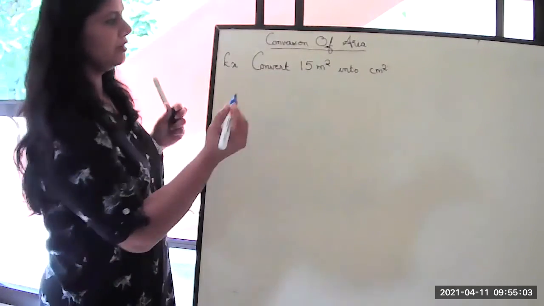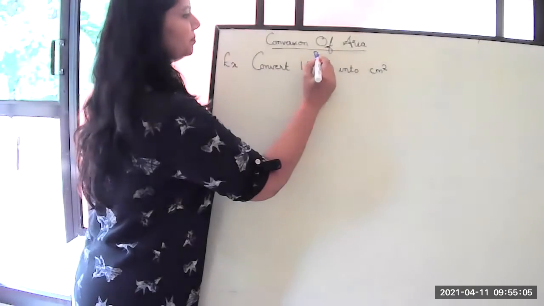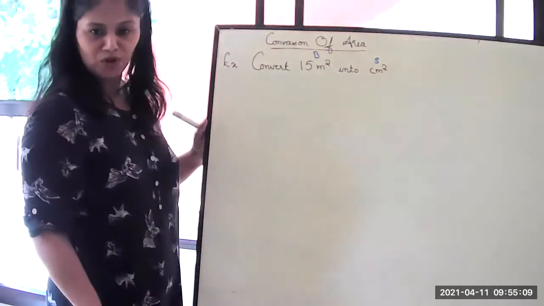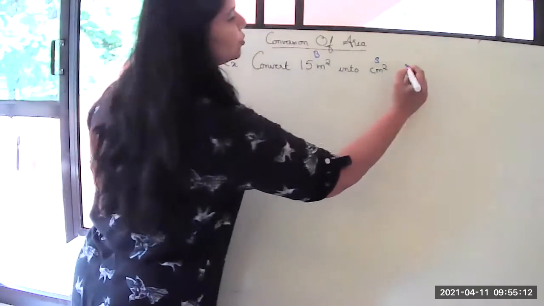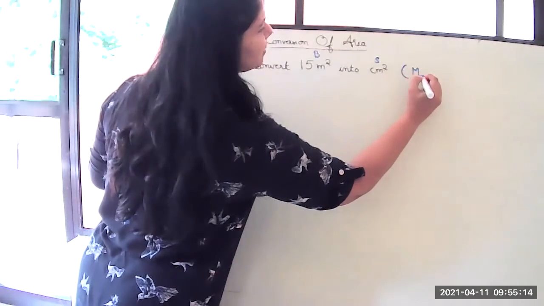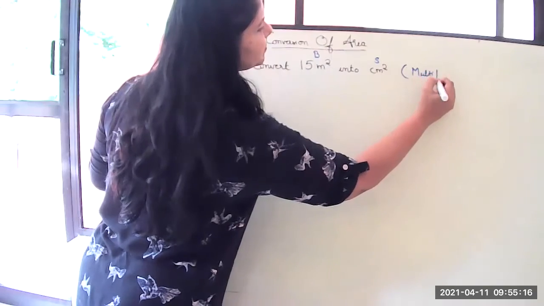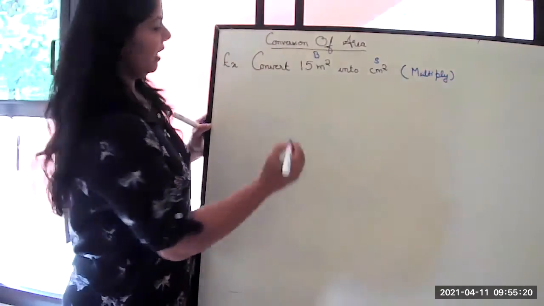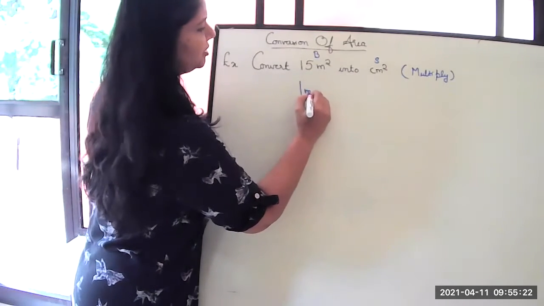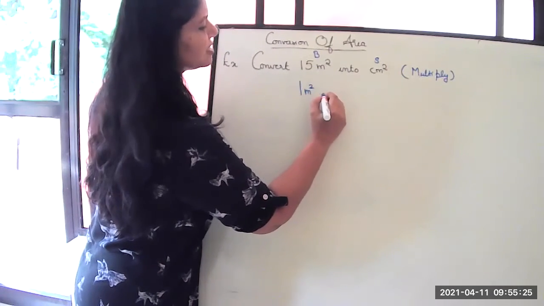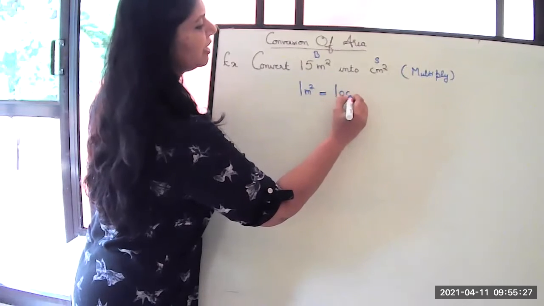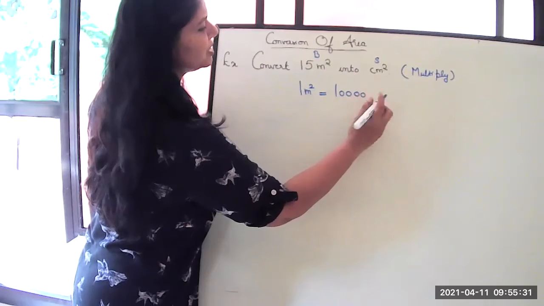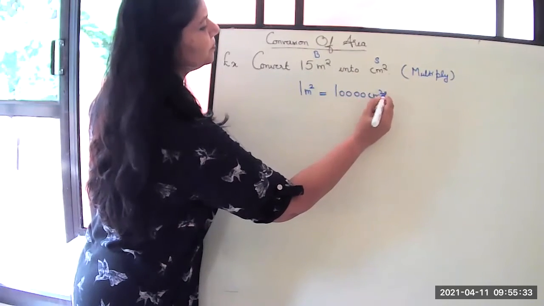So meter square is the bigger one and centimeter square is the smaller one. So what we have to do? We have to multiply. And we know that 1 meter square is equal to 10,000 centimeter square.